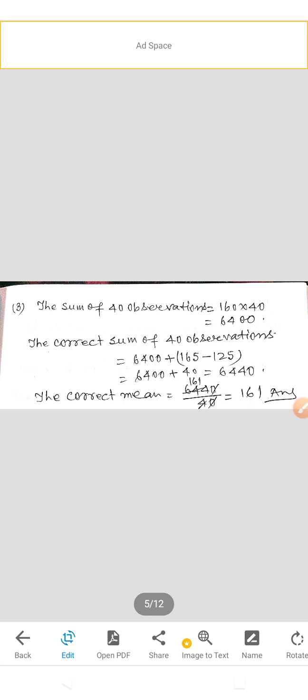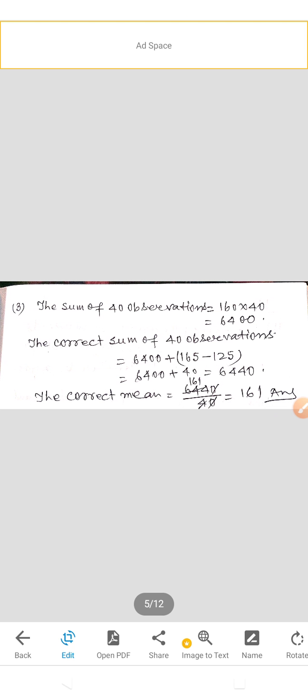Now question number 3. The mean of 40 observations was 160. It was detected on rechecking that the value 165 was wrongly copied as 125 for computation of mean. Find the correct mean.